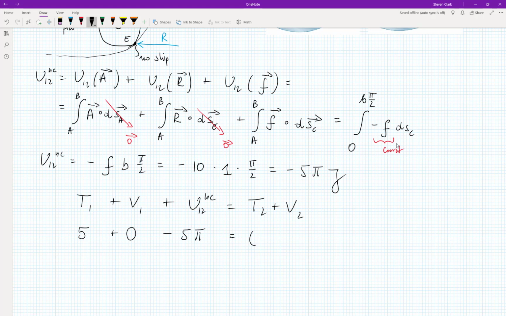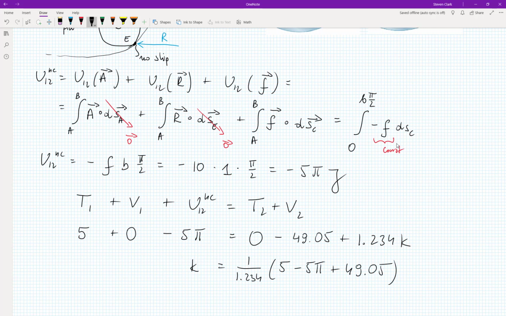T2 is 0 because the system stops in the end. And V2 was that funny expression, right? V2 was minus 49.05 plus 1.234 K. Okay, one equation, one unknown, let's find K. K is equal to 1 divided by 1.234, times 5 minus 5 pi plus 49.05.